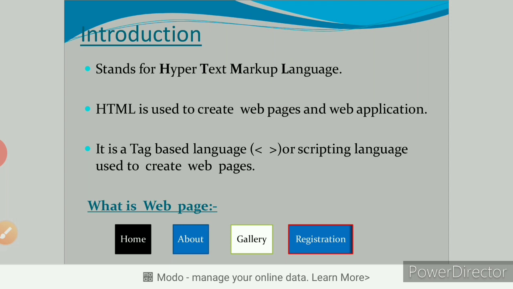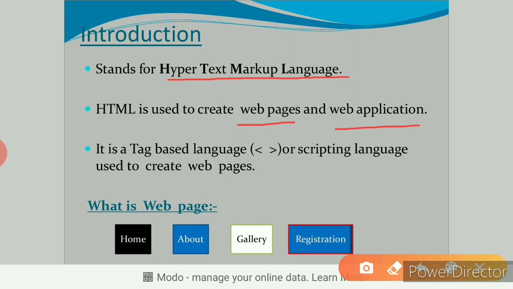HTML stands for Hypertext Markup Language. What is the meaning of hypertext markup and language? We will discuss later. But now, HTML is used to create web pages and web applications.